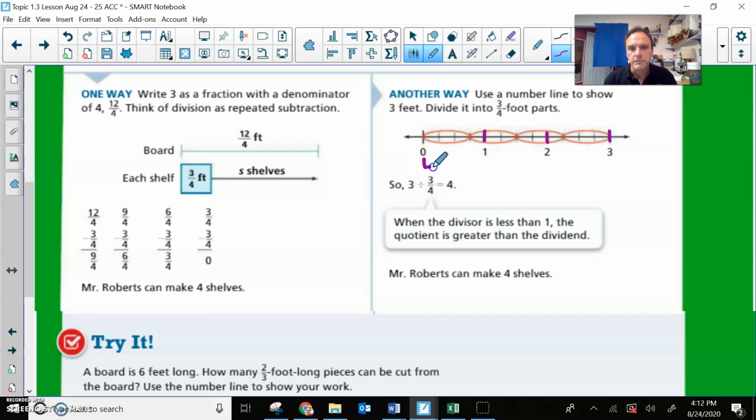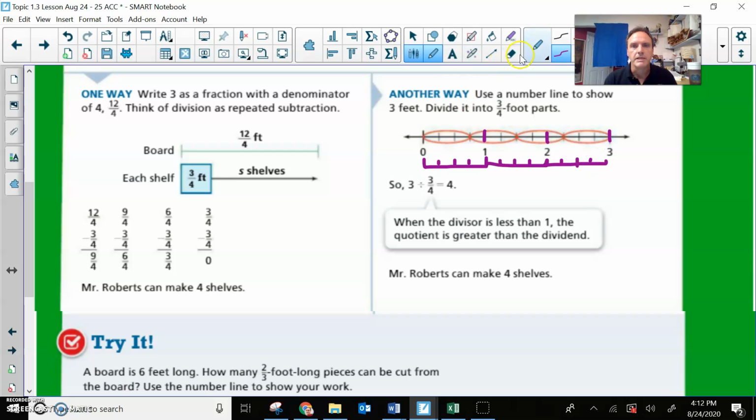Between 0 and 1, you can see there are marks in place for 1/2, and then the 1/4 mark and the 3/4 mark. And along this number line, between each of these whole number feet, we have marked out the fourths, 1/4, 2/4, and 3/4, all the way to the 3 right here.